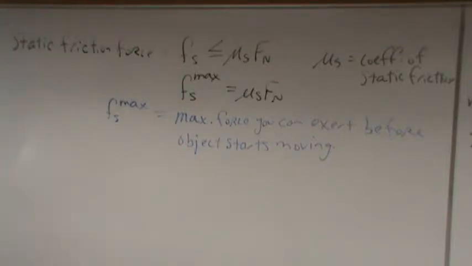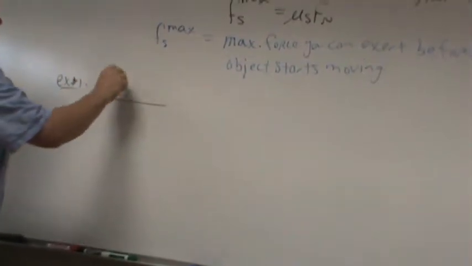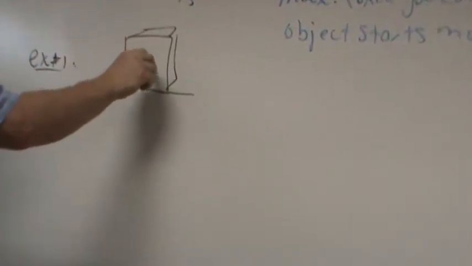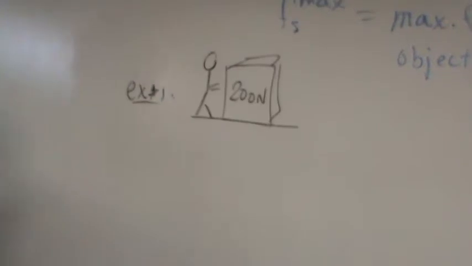It's time for us to do a couple of problems together, and then we'll be done and we'll complete our little lesson on Monday. Here's our first example. Example number 1. I have a 200 Newton weight, and I'm going to push on that 200 Newton weight.